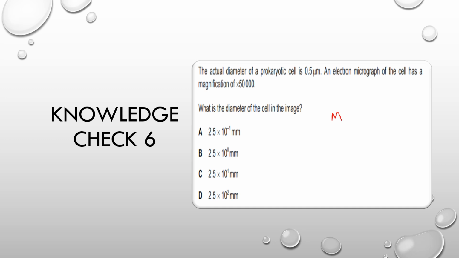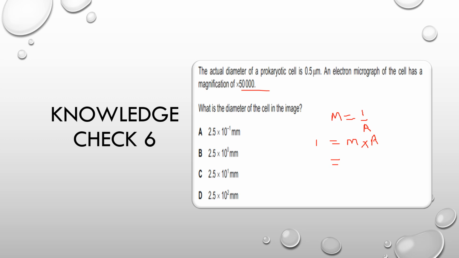All right, if the magnification is image over actual, and we're looking for the image, it will be magnification times actual. That's the formula. So what is our magnification? Magnification is 50,000, right?